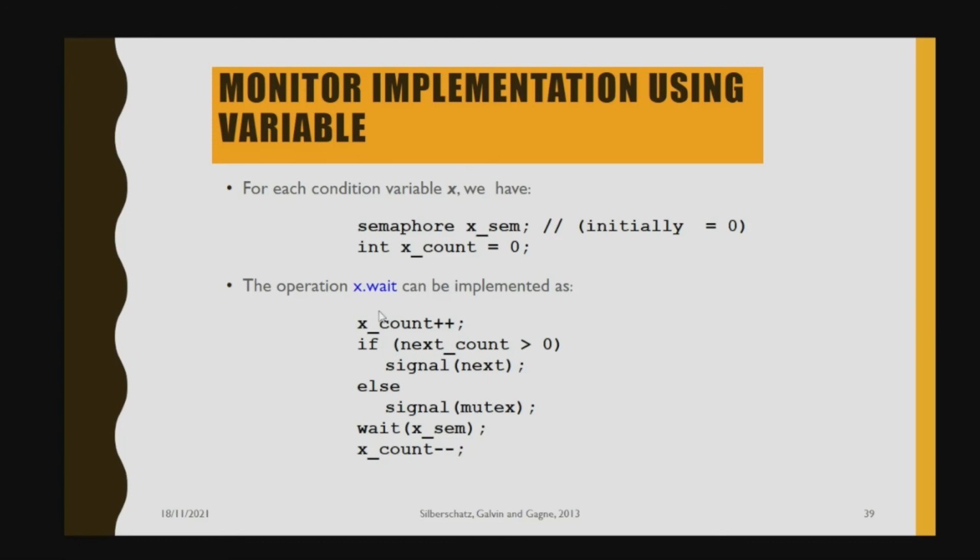Based on this one, x_count refers to the counter here, x_count++, and then if next_count is bigger than 0, we signal next, else signal mutex. Okay, and then wait, and then x_count is decreased.